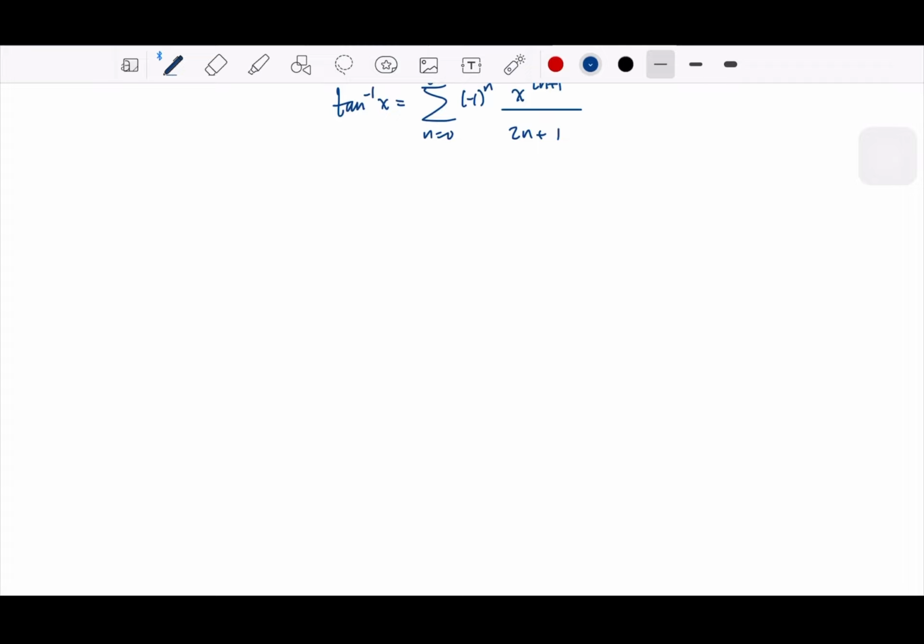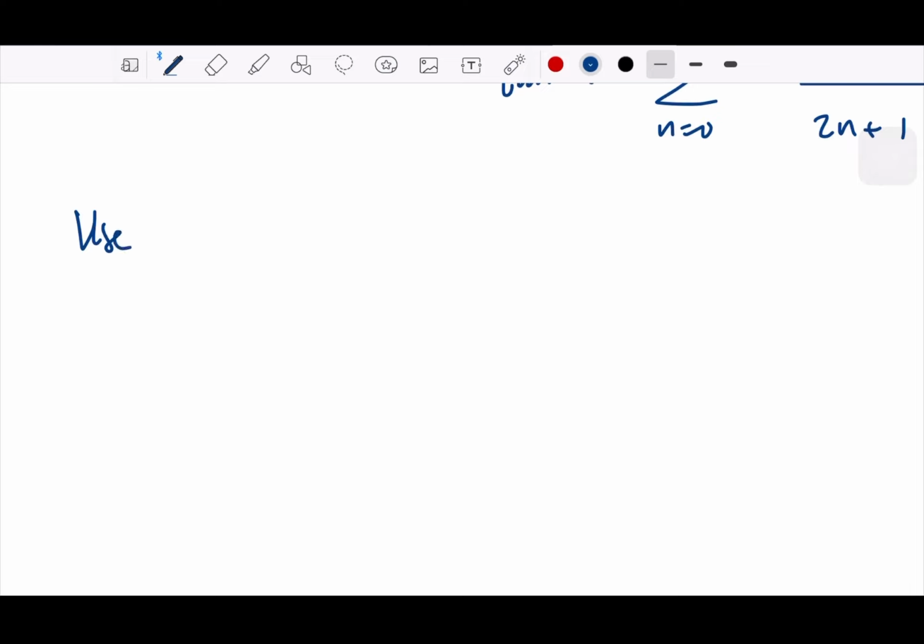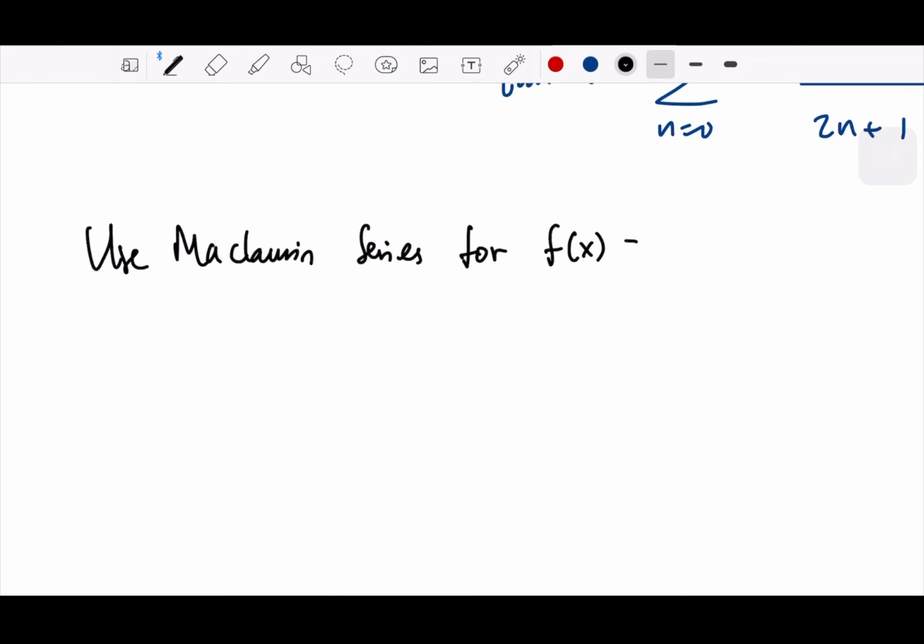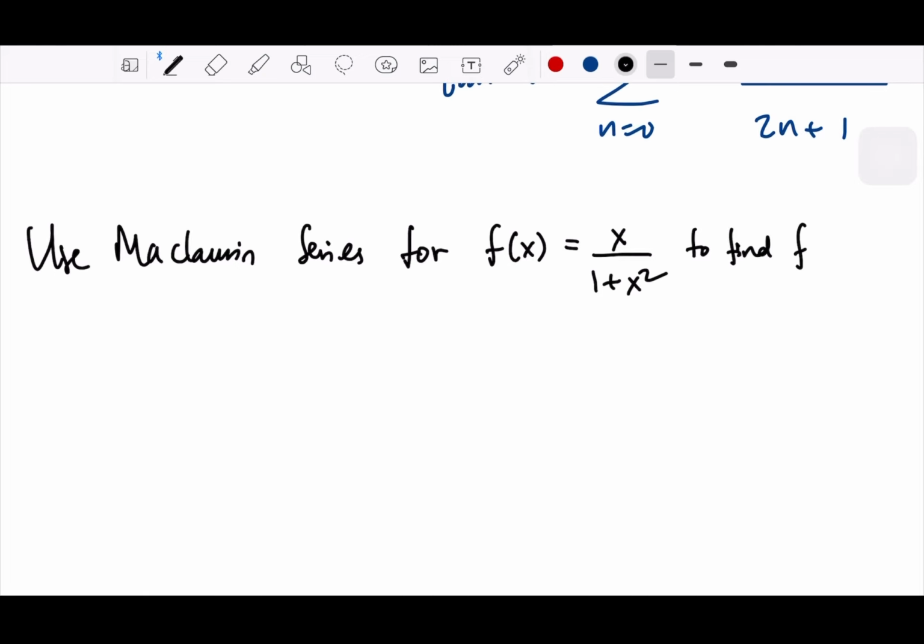Okay, maybe we start with using the Maclaurin series to find the 101st derivative of the function at 0.